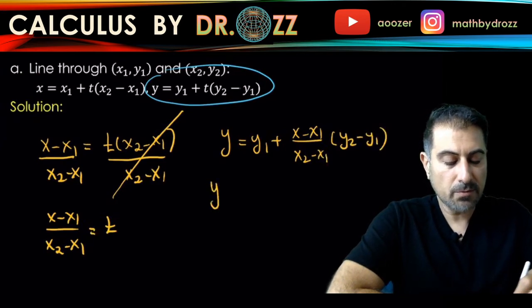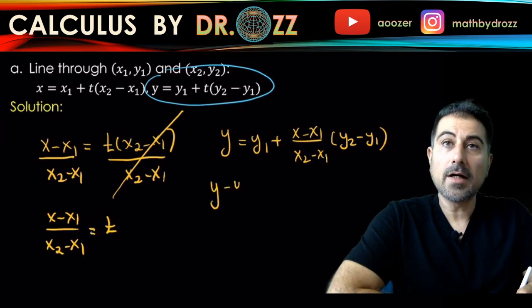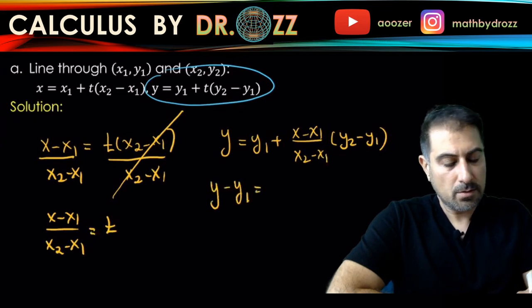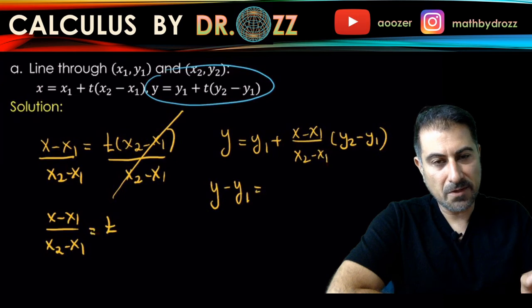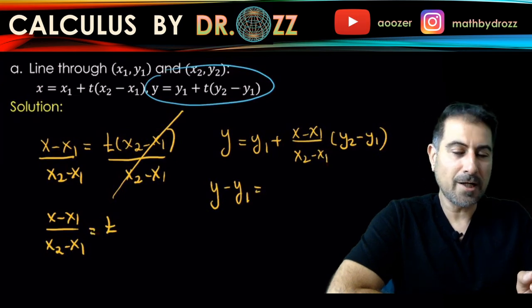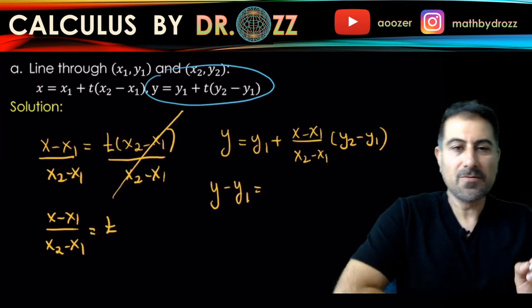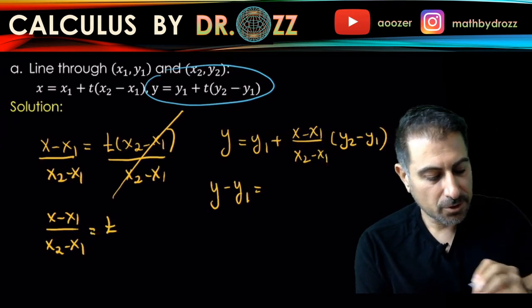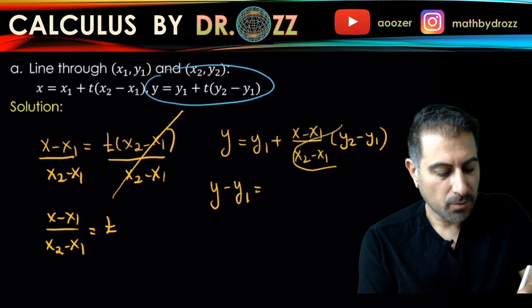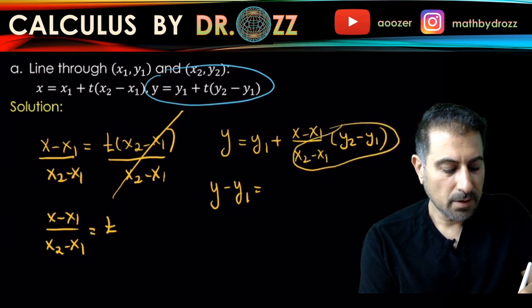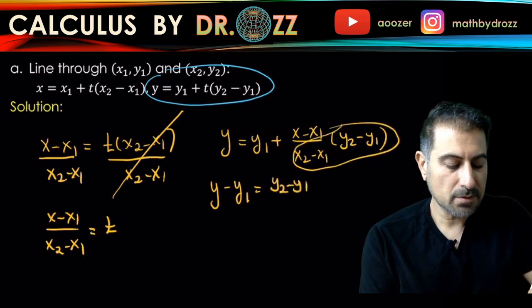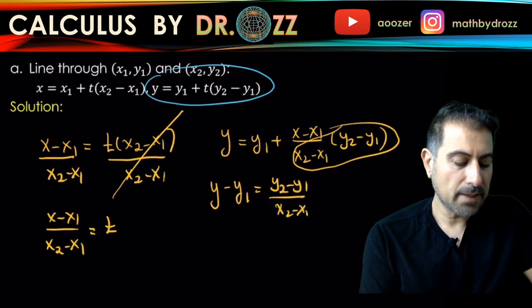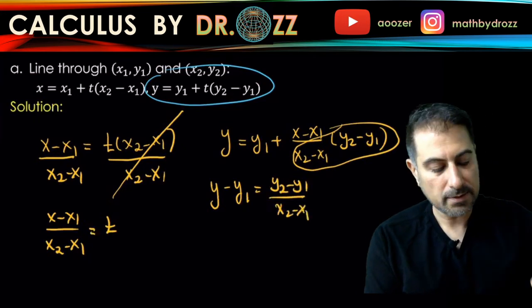So y minus y1 equals, and I'm going to write it in a very specific form. We're going to follow the point slope form of the equation of the line. So I'm going to use this ratio to start with: y2 minus y1 over x2 minus x1 times x minus x1.